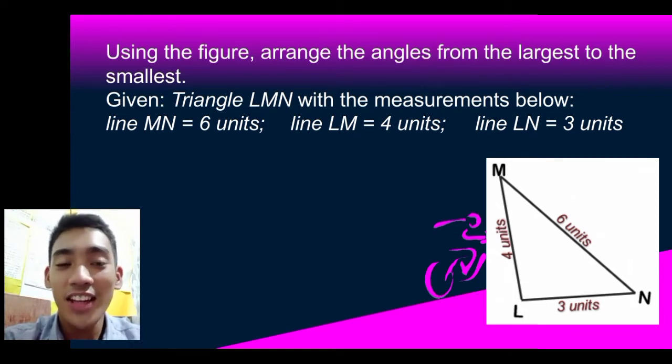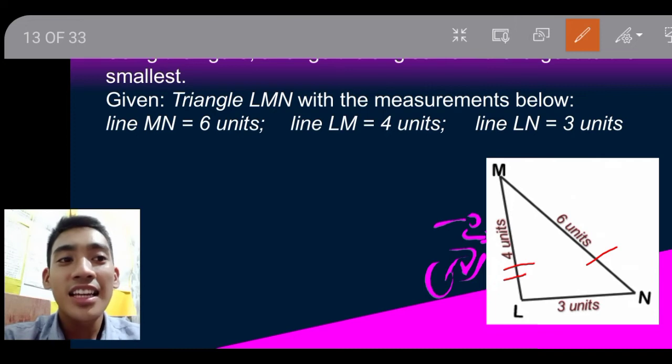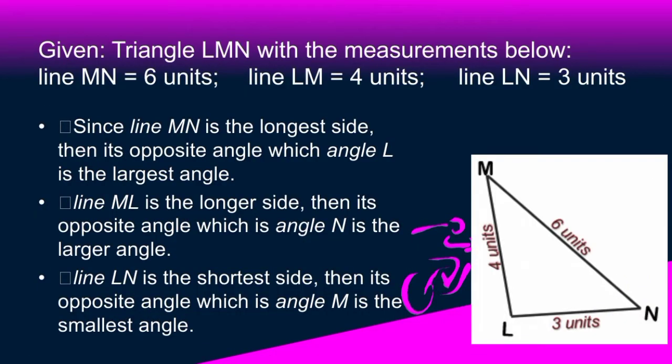Given triangle LMN with the measurements below, line MN has 6 units, line LM has 4 units, and line LN has 3 units.